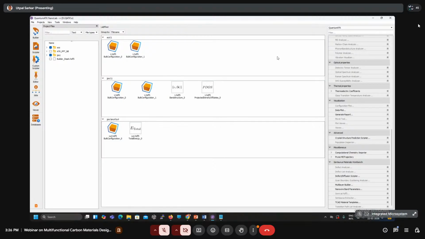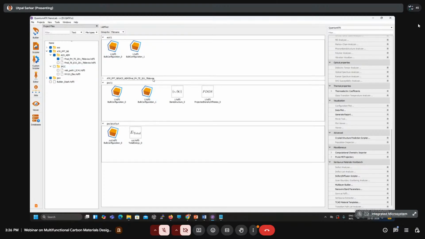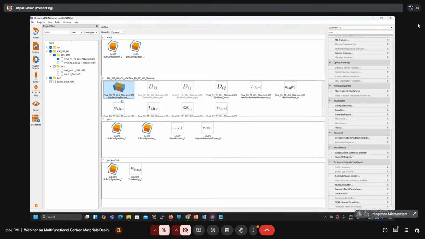Now next I will demonstrate the thermoelectric properties, which are published in ACS Applied Energy Materials. For thermoelectric properties, we have to first optimize the device. After optimizing the device, suppose this is the optimized geometry of the device.